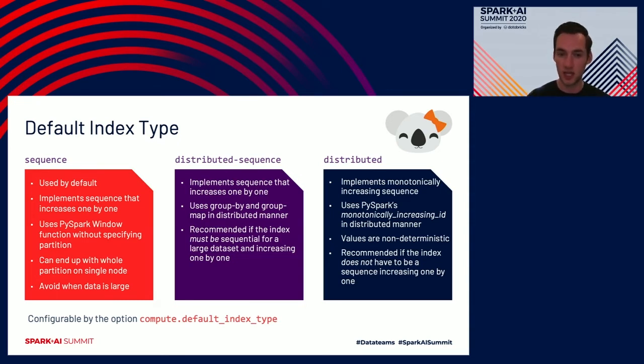This still results in a sequential index globally, but will not result in all of the data being brought onto a single node. Once this index is attached, there's actually not a significant penalty against using this index type over sequence. As such, if you necessarily do require a continuously increasing index globally on a large data set, distributed sequence is the recommended index type.